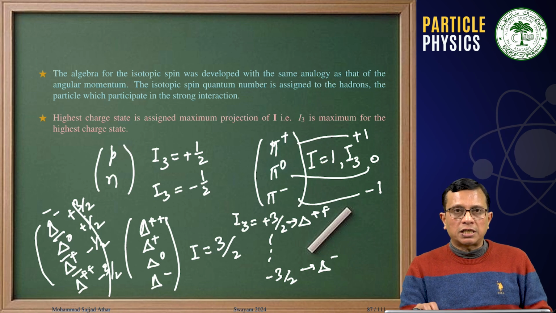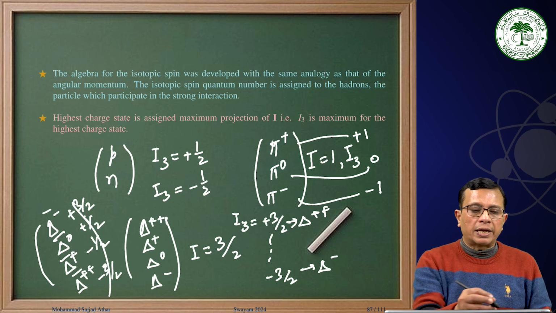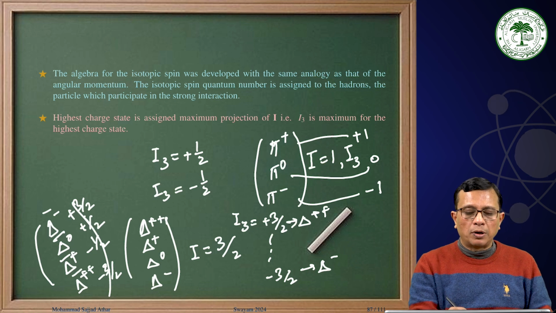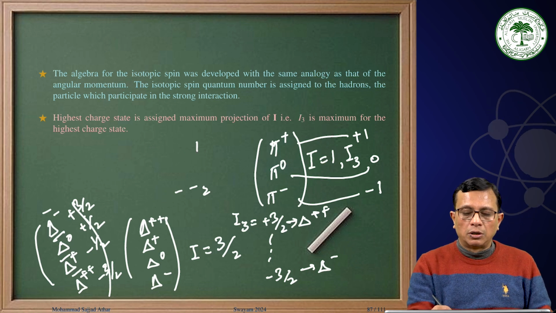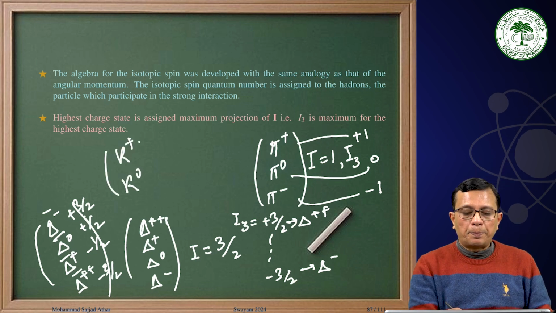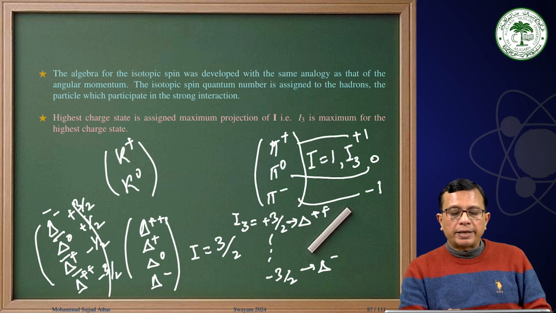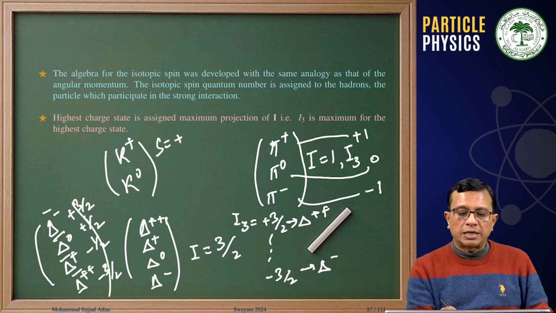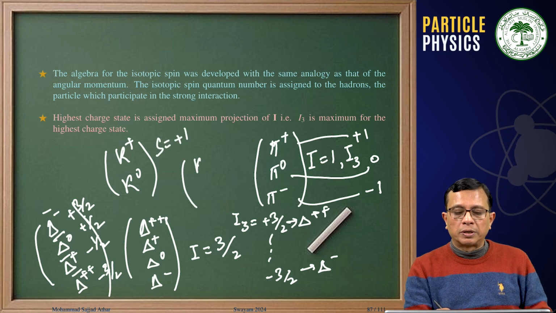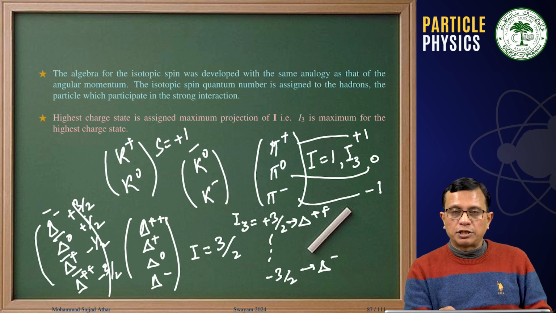Similarly, take the example of K plus and K0, which are placed in a doublet as they have the same strangeness quantum number plus 1. We put K plus at the top and K0 at the bottom because the charge of K plus is positive while K0 is neutral. Similarly, we put K0 bar at the top and K minus at the bottom.